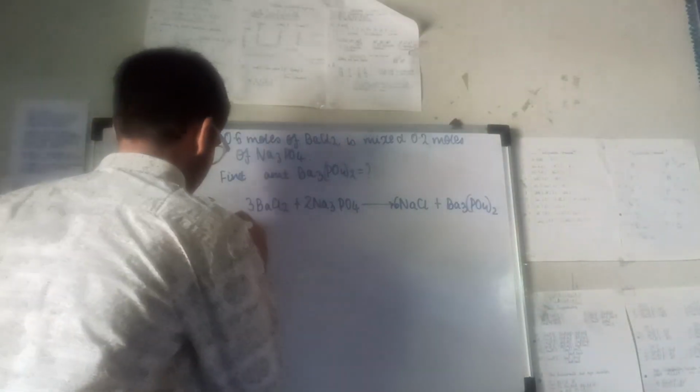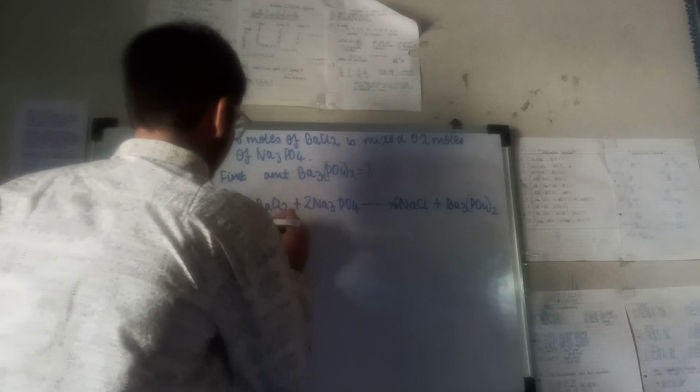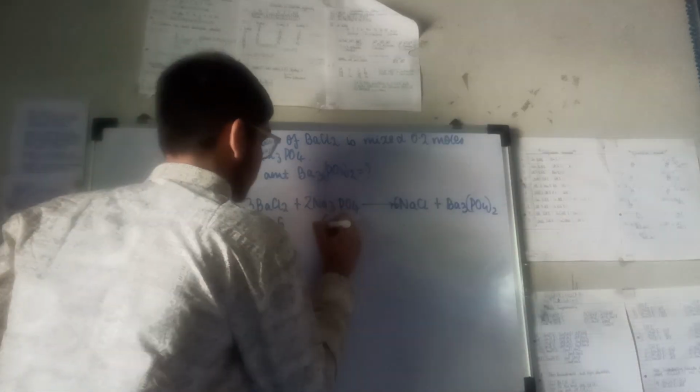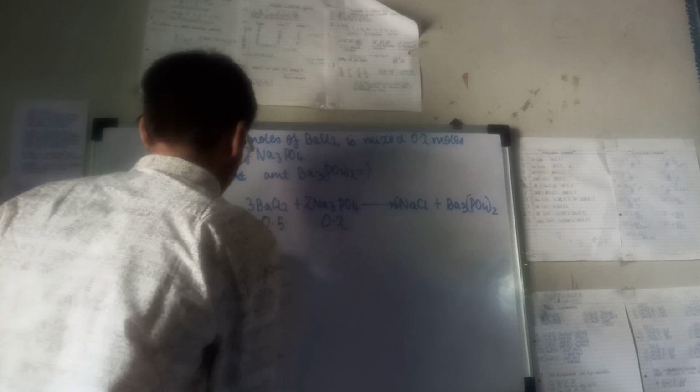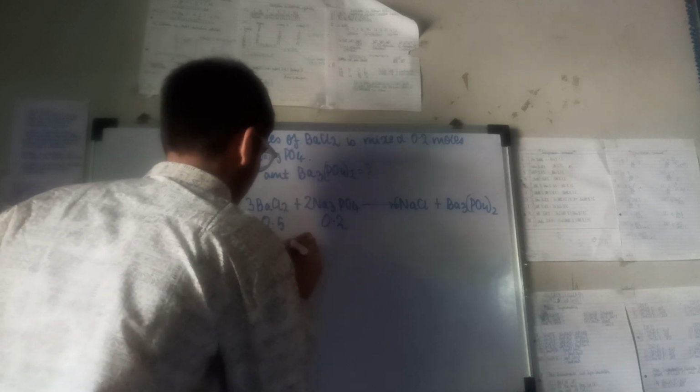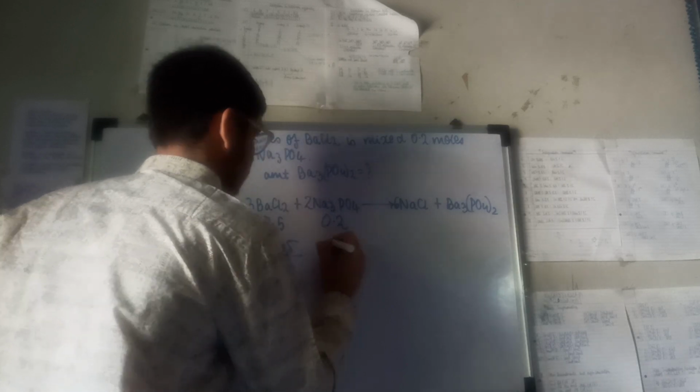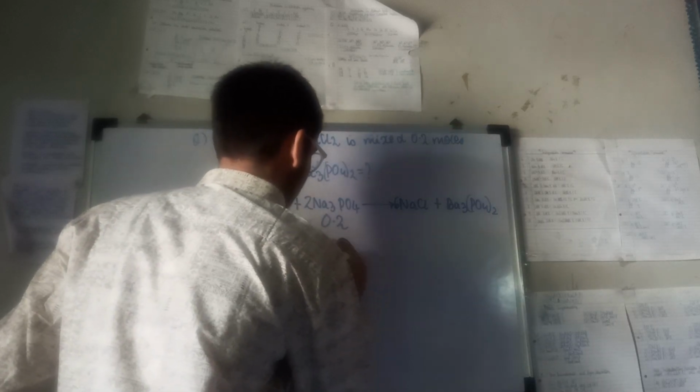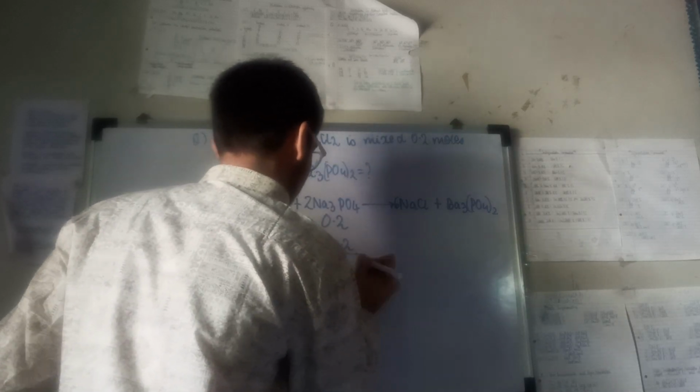Now moles given: here 0.5 moles and here 0.2 moles. Step 1: divide the given moles by the stoichiometric coefficient, 0.5 by 3 and 0.2 by 2.